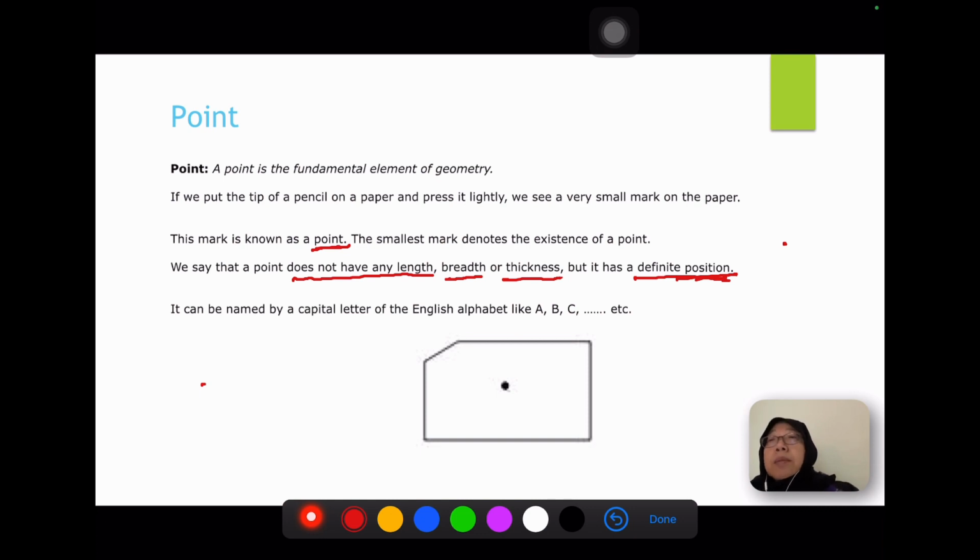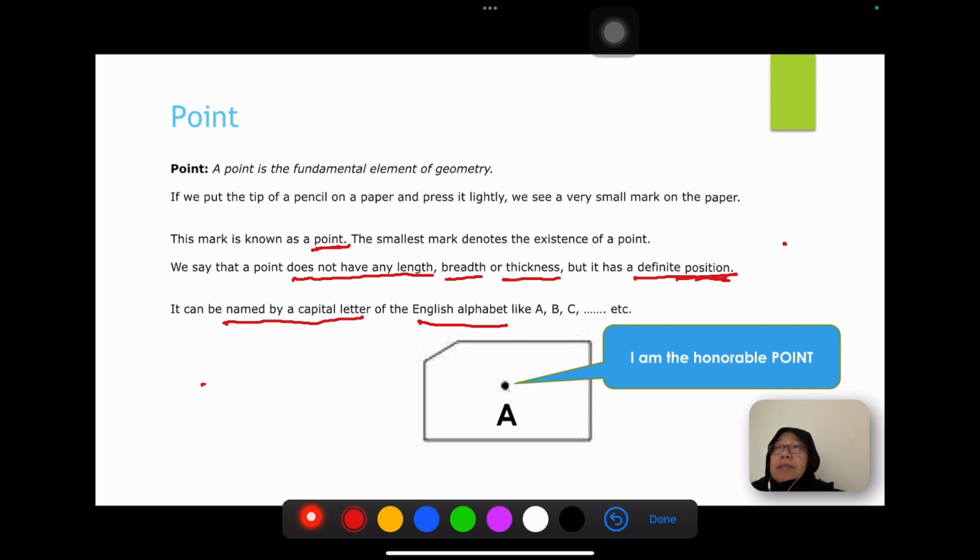It can be named by a capital letter of the English alphabet, like A or B or C, etc. So this point here, we call it point A. It says, I am the honorable point.